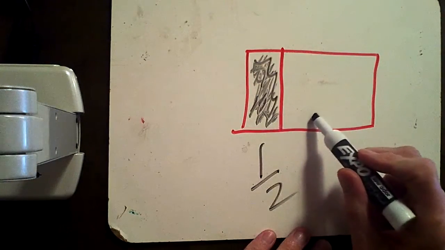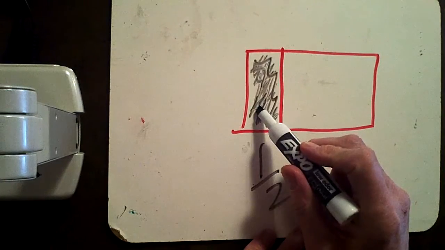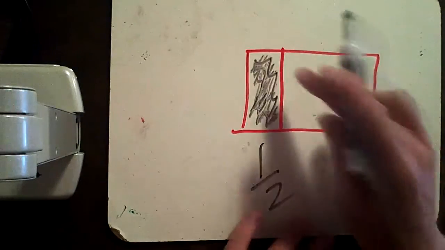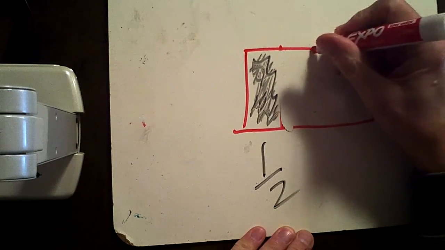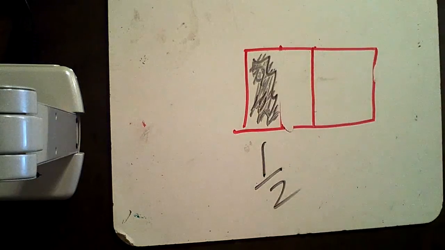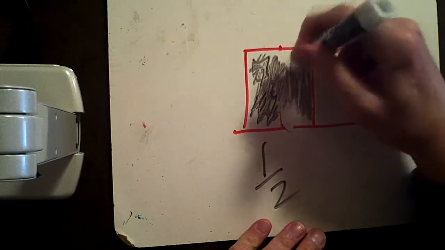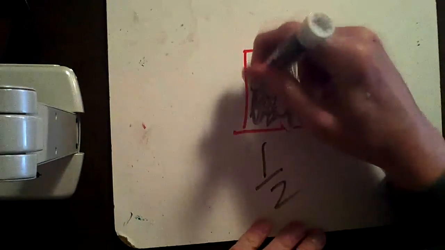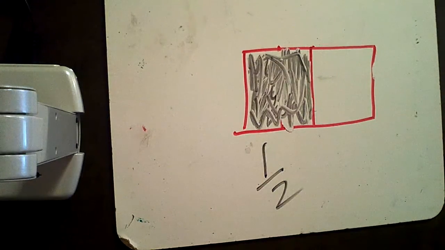No, this is way bigger than this. So this would not be 1/2, because the parts have to be equal. For this to be 1/2, you would have to put the line somewhere right around here, like that. Remember, for it to be a fraction, you have to have equal parts. Now we could say 1/2 of it is colored black.